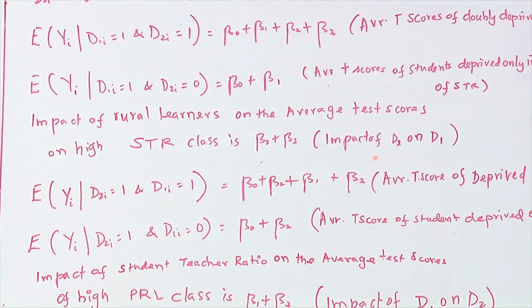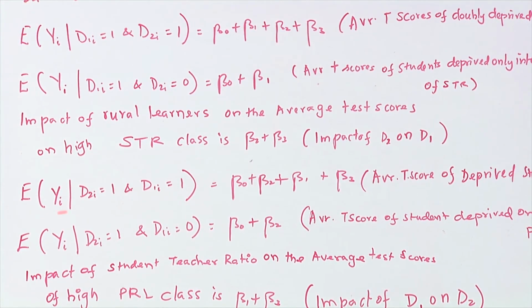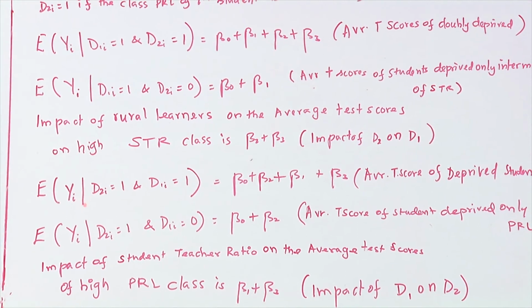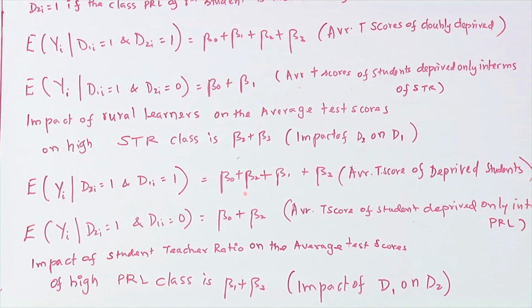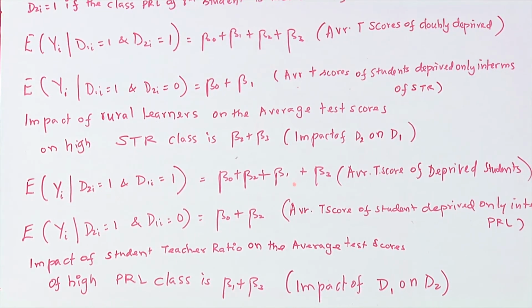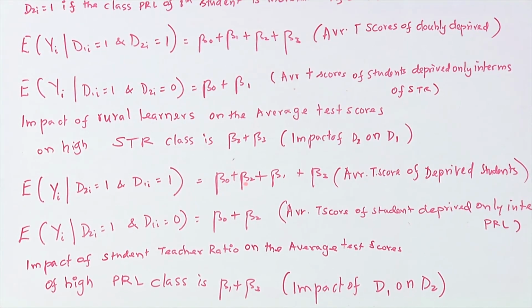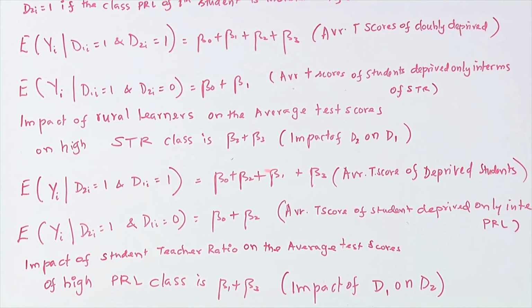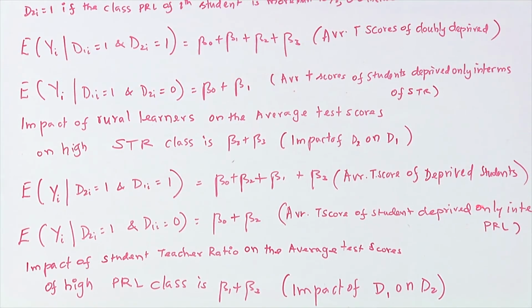Similarly, the impact of D1 on D2 can also be calculated, because let us define the conditional average of yi given D2i is equal to 1 and D1i is equal to 1, that is beta 0 plus beta 2 plus beta 1 plus beta 3. Actually, I have intentionally changed the positions of the coefficients. This is the average test score of doubly deprived students.